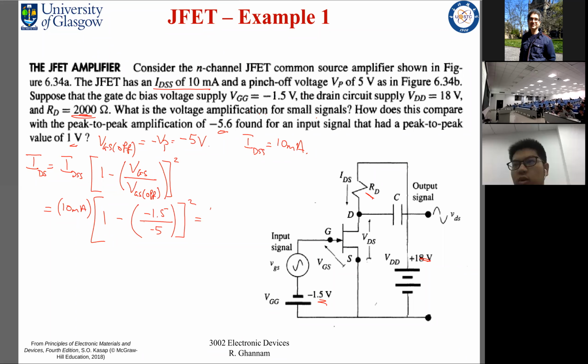If we do this calculation, we should achieve something like 4.9 milliamps. So we now have IDS equal to 4.9 milliamps.